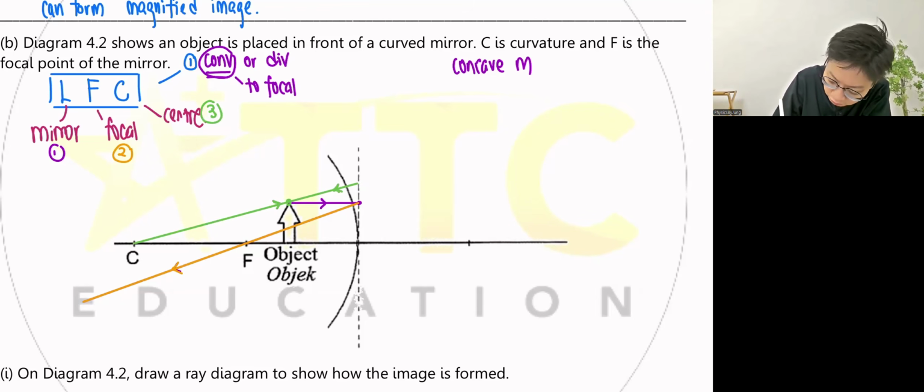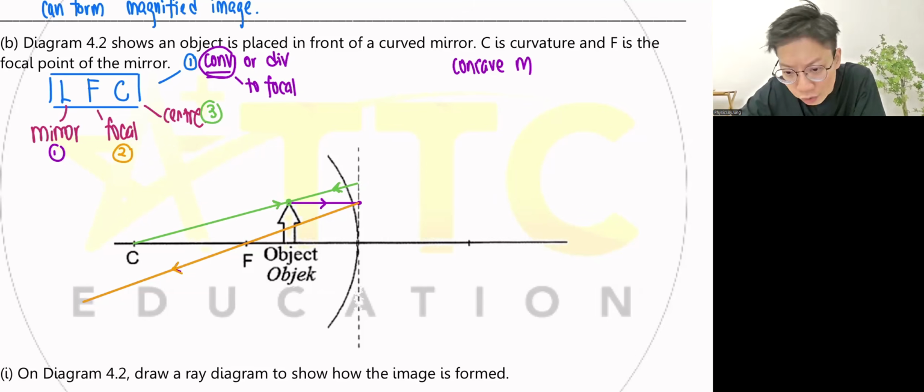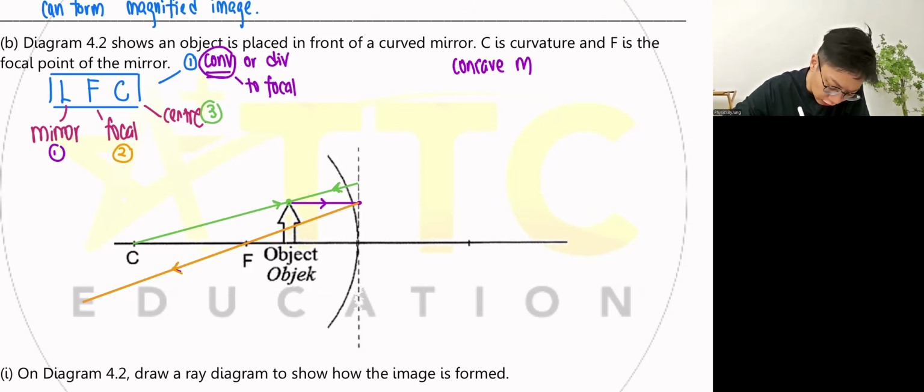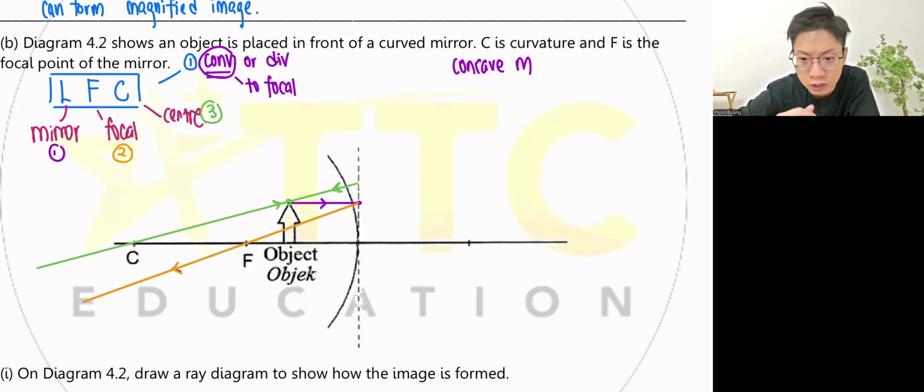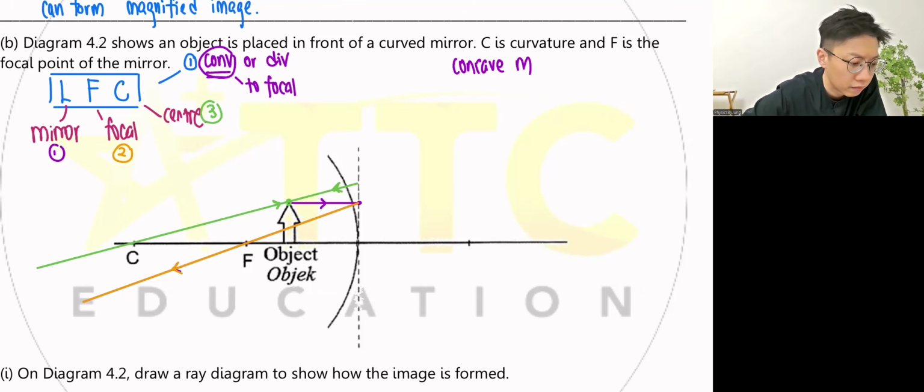Okay guys, can you tell me where will these two lines intersect each other? If I continue to draw, where will the two lines intersect? Infinity? You sure or not?